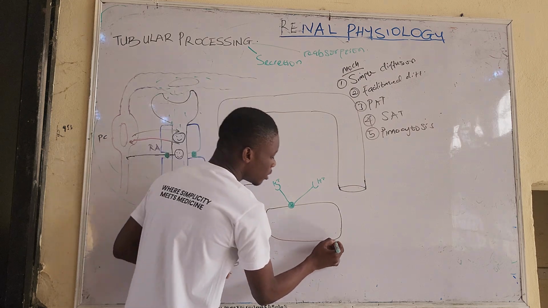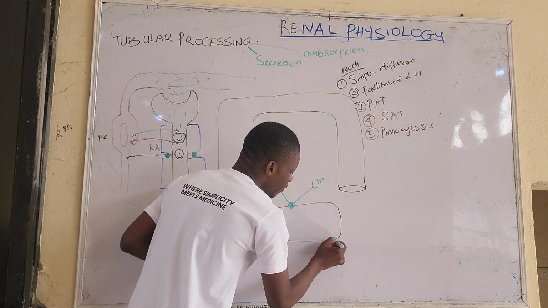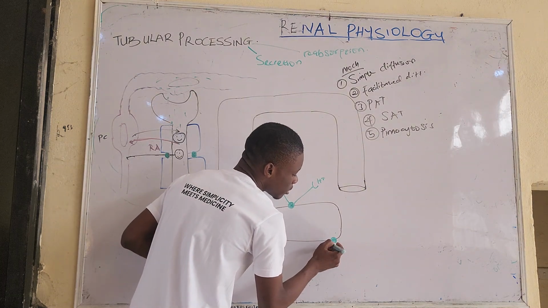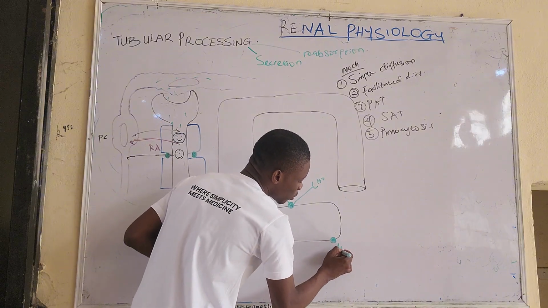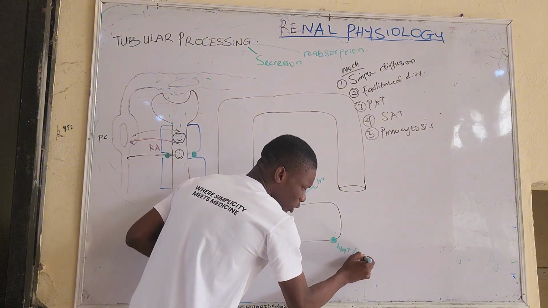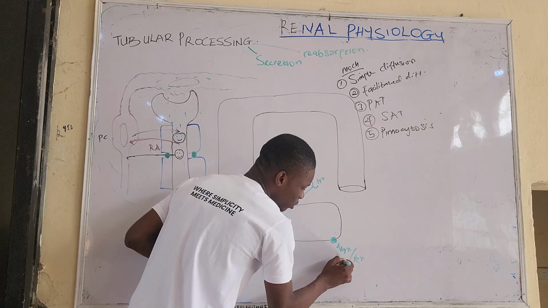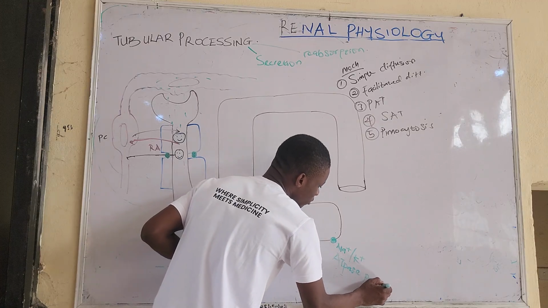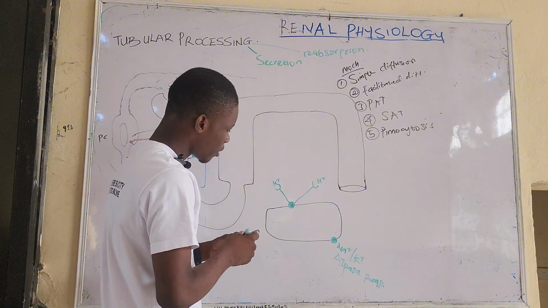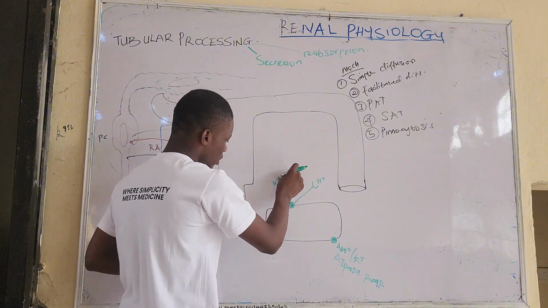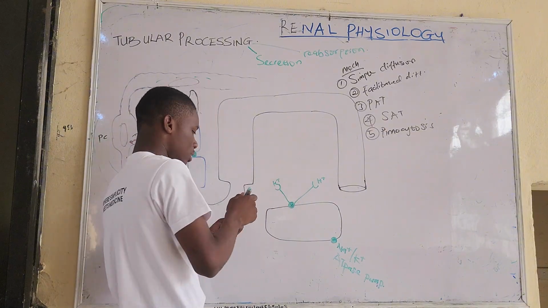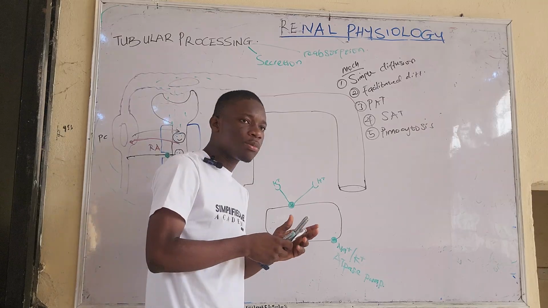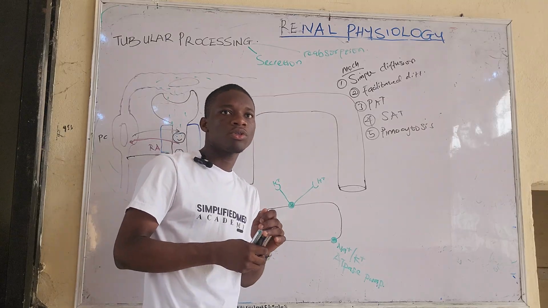Now, this thing I have drawn in this place is called the sodium potassium ATPase pump. I'm sure you are familiar with this word, right? Sodium potassium ATPase pump. Let me show you an example of something.